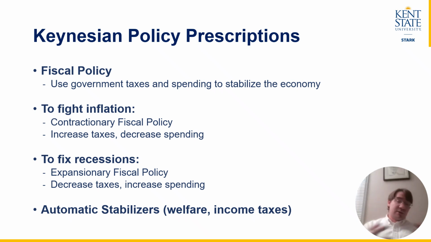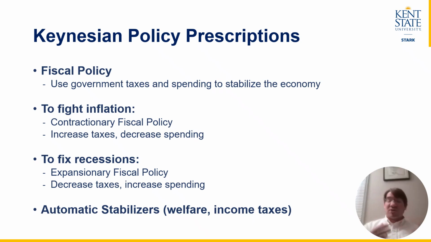If we're finding that we have significant inflation, that's a sign that aggregate demand is growing too quickly. So fiscal policy needs to be more contractionary. We need to try to prevent aggregate demand from rising. How do we do that? We cut government spending, that directly has an impact on G, and we also increase taxes. That's going to have an impact on consumption as people don't have as much money to spend. So increase taxes, decrease government spending, that'll help us fight inflation.